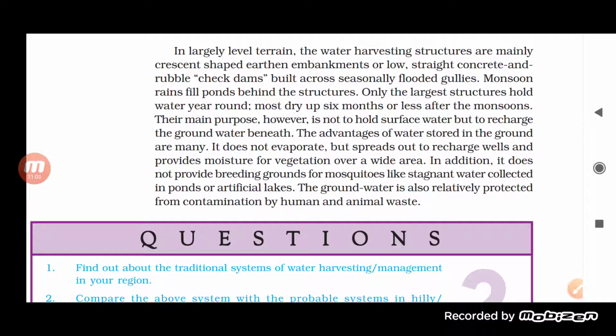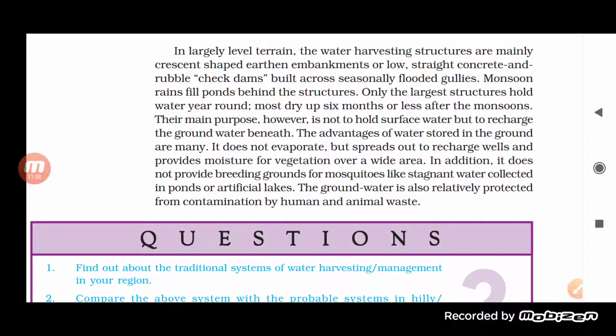So the advantages of water stored in the ground are many. First of all, it does not evaporate. If you see surface water, when it is exposed to the sun, it just starts evaporating, right? So the advantage of groundwater is that it does not evaporate easily. Then it spreads out to recharge wells and provide moisture for vegetation over a wide area. It will help in providing humus to the soil.